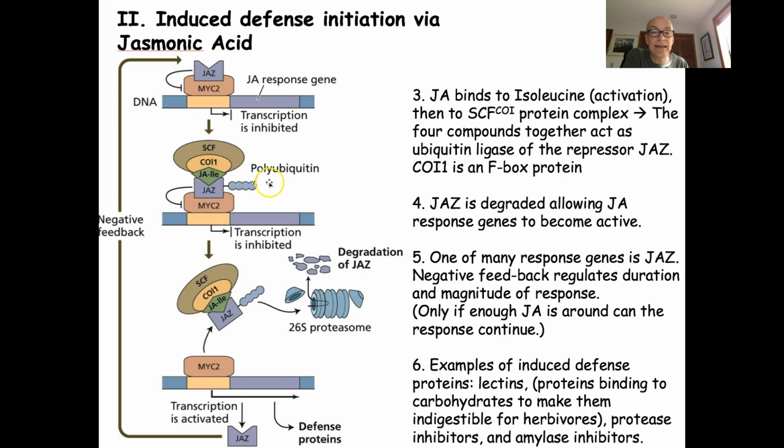This will then act as an F-box protein that polyubiquitinates its targets, and the target is specifically made clear to this complex by the binding of jasmonic acid and isoleucine to the target. There it goes. MYC stays. And MYC can now act as a transcription activator. So now it activates these genes that it previously, while bound to JAS, was inhibiting.